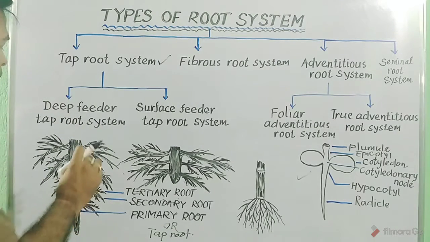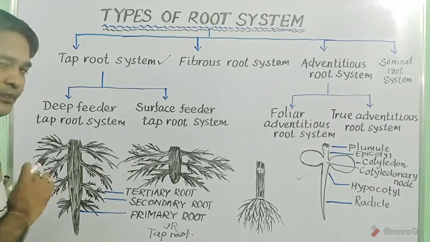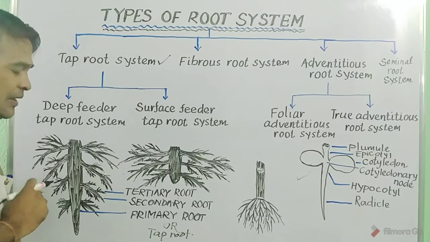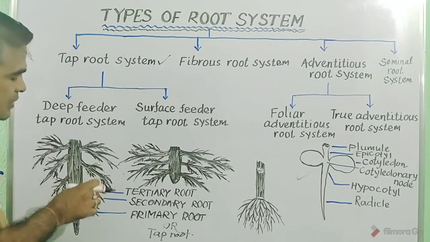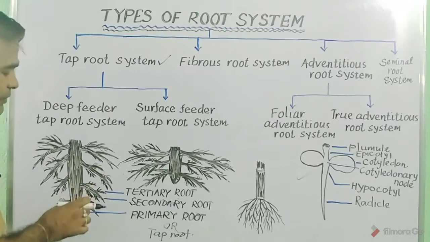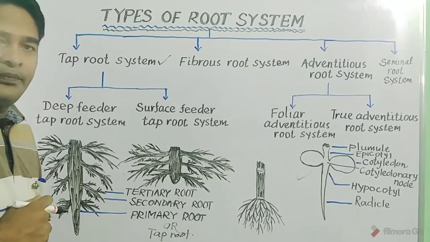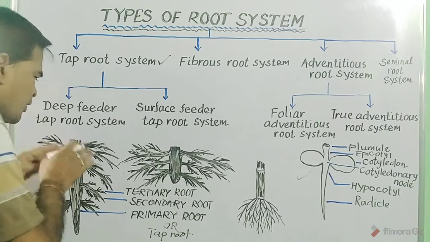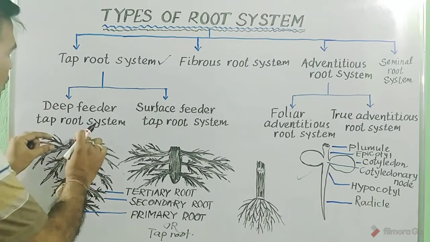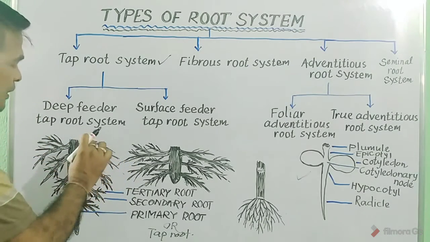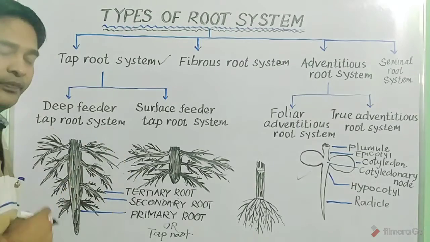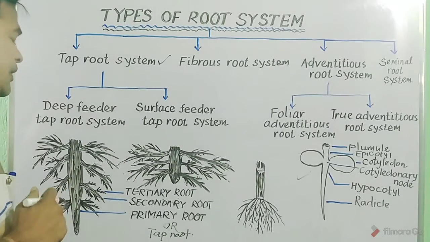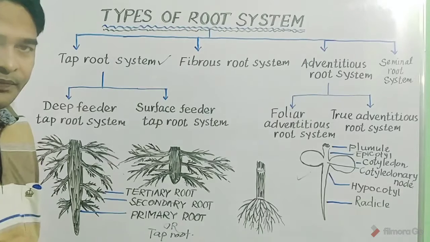That means older secondary roots are towards the base and younger ones are towards the apex of the primary root. These secondary roots are somewhat oblique and they are plagiotropic.